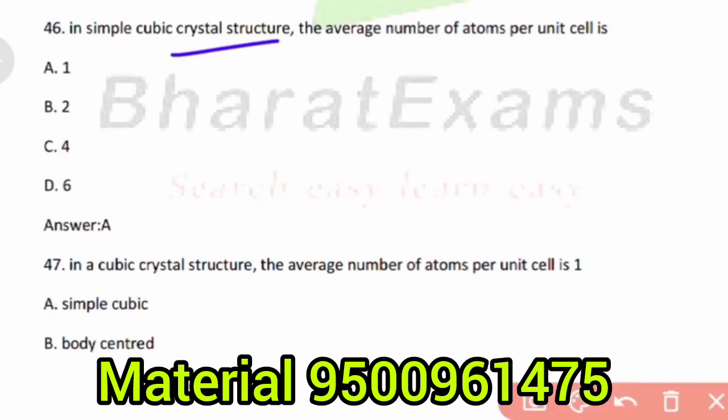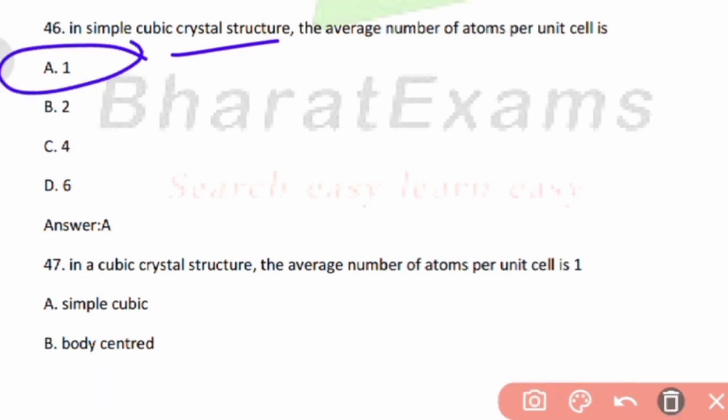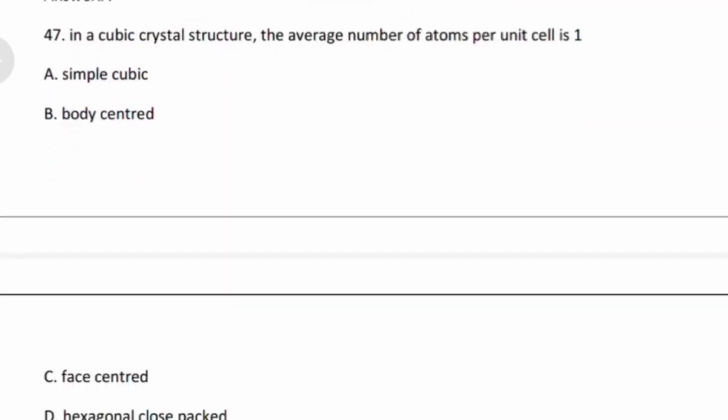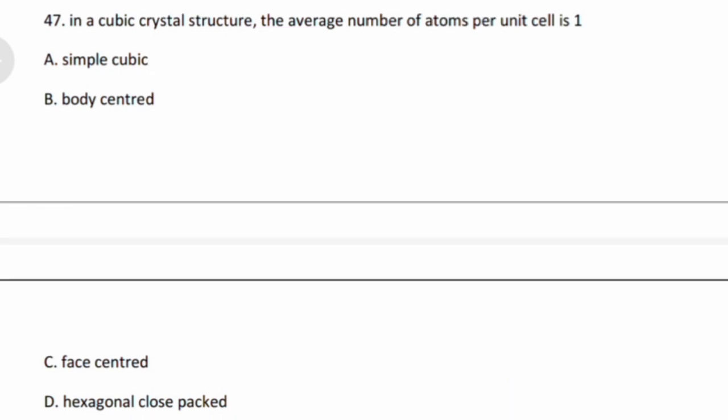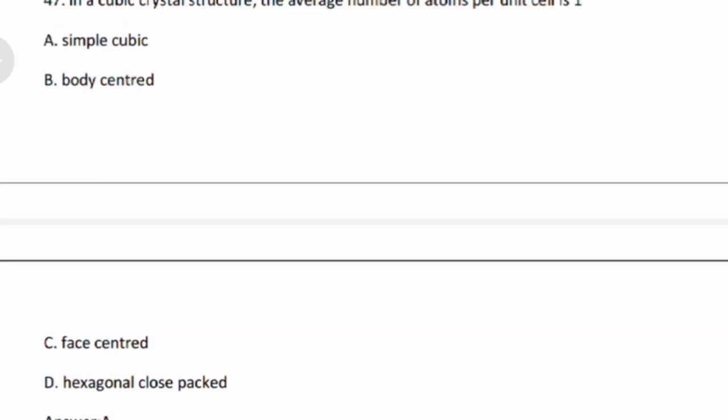In simple cubic crystal structure, the average number of atoms per unit cell is, option A, 1.